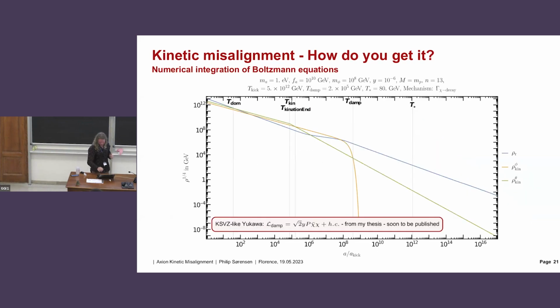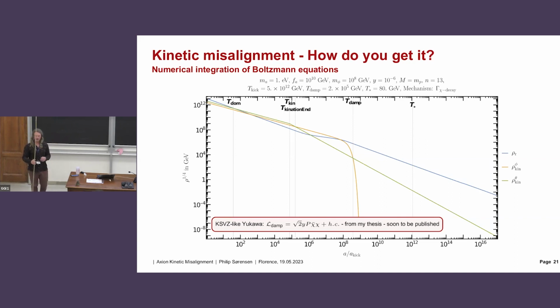So in my thesis, I considered explicit couplings. Take, for instance, a KSVZ-like Yukawa coupling. And then we included all the thermal damping rates and the thermal effects from the thermal contributions to the potential. I then numerically integrated the Boltzmann equations to really account for some of the unexpected effects you can have when the thermal damping rate depends on the plasma, which is heated by dumping energy into it.